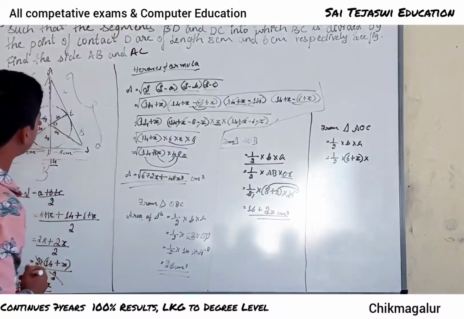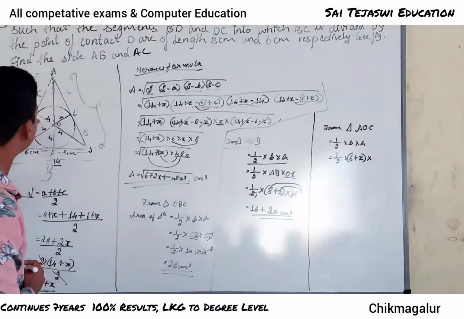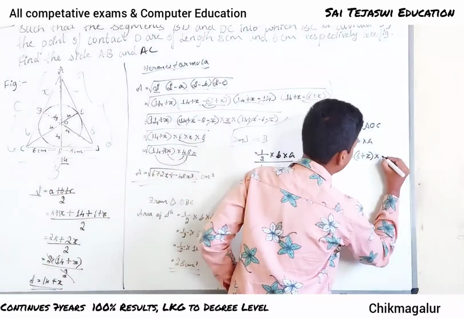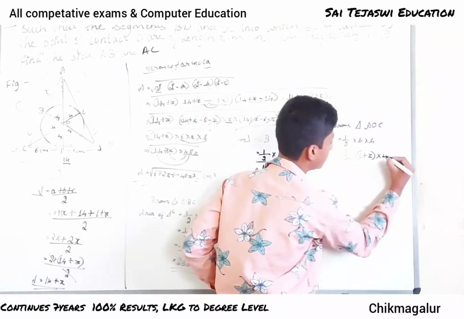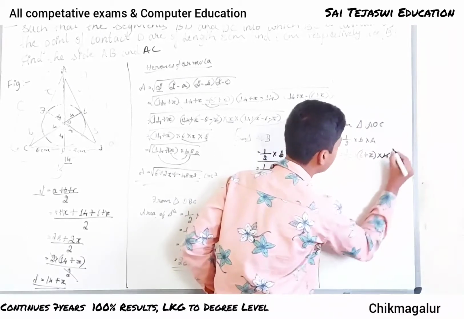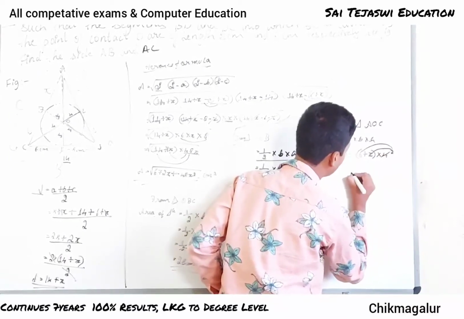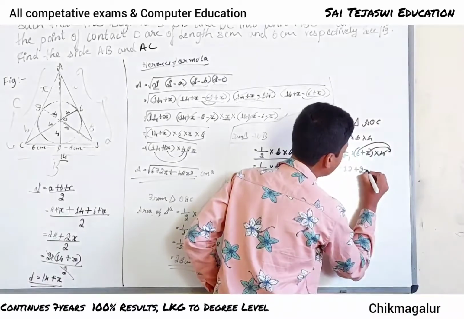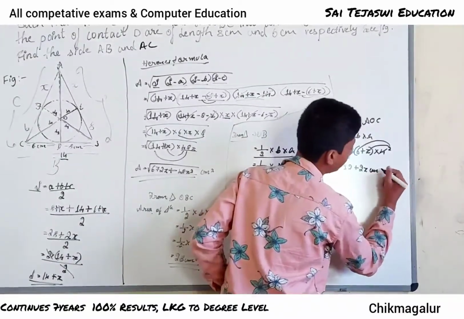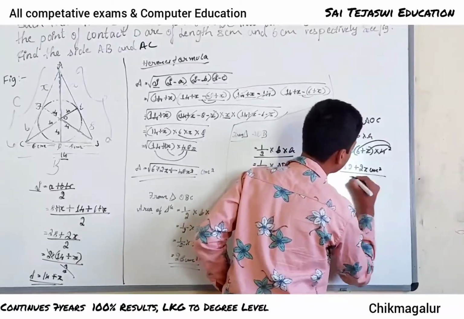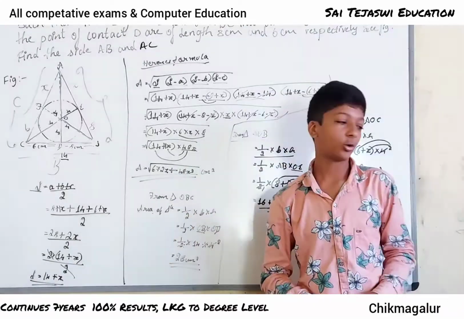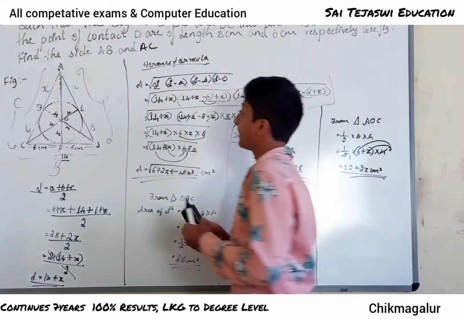Here the height is 4 centimeter. Again the radii of the circle, so we will take this as 4. Here again 2 ones are 2 twos are, so we should apply this 2 to this and this, so it becomes 6 twos are 12 plus 2x centimeter. Because of area we will apply square. Now we should check whether it's equal or not, so now we will check.